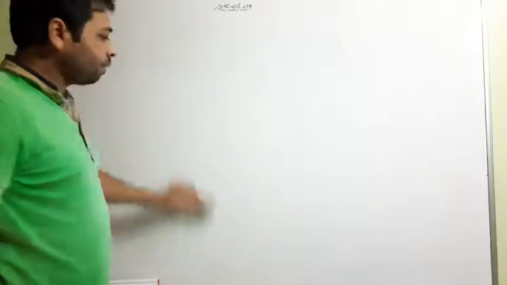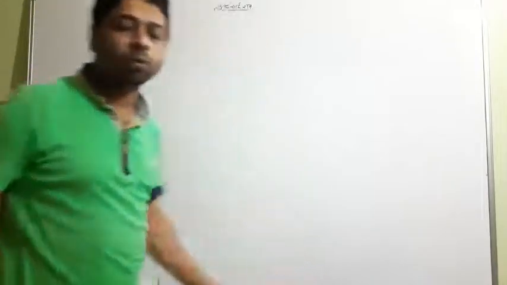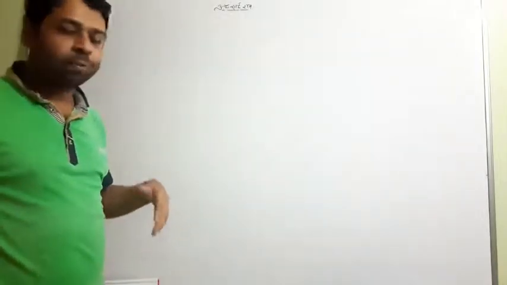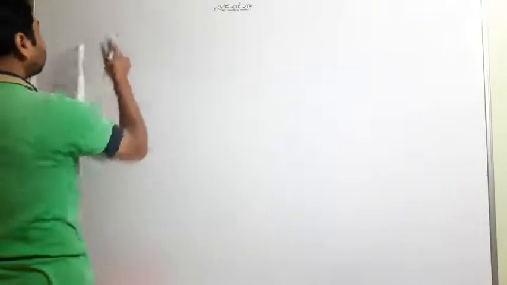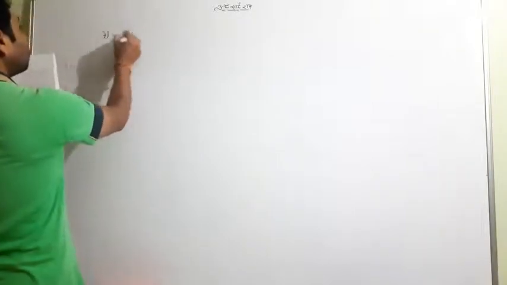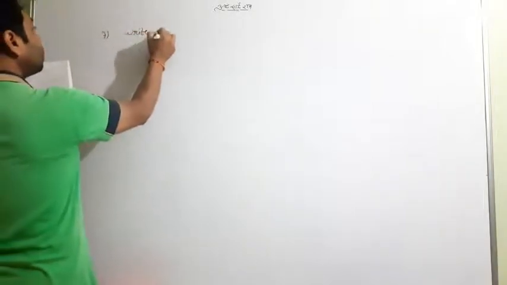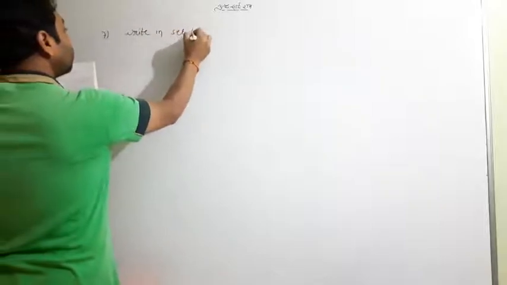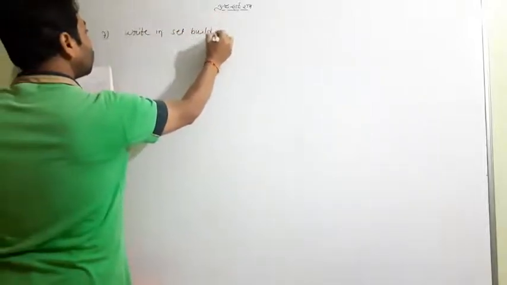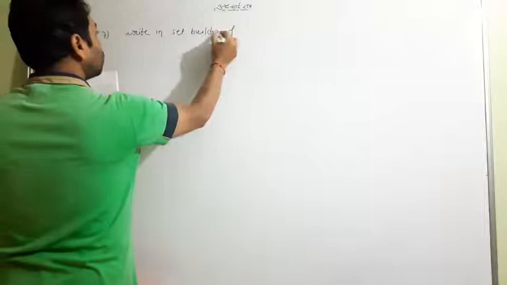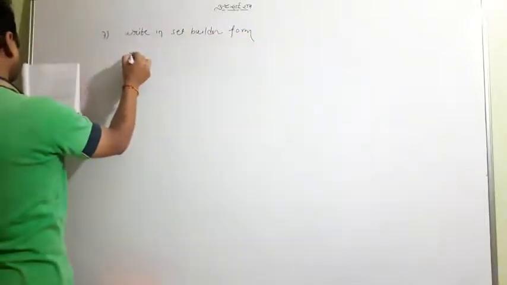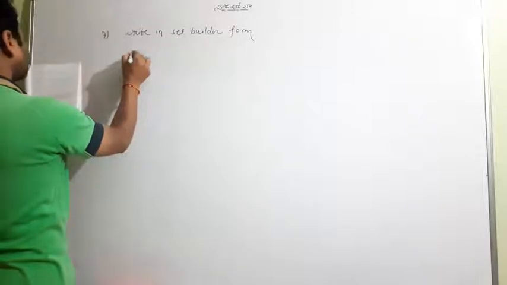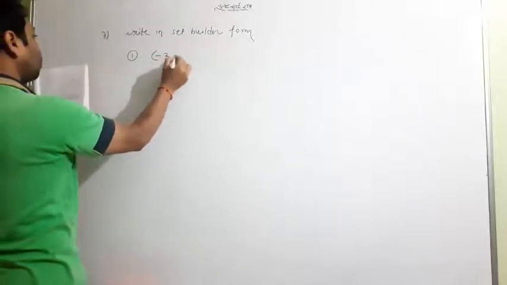Now we would be given an interval, and we would have to create the set builder form. Question number 7 says, write in set builder form. Suppose I am taking the first one, -3, 0.